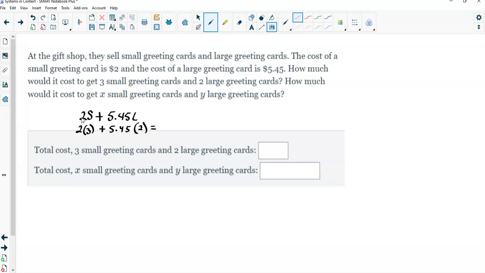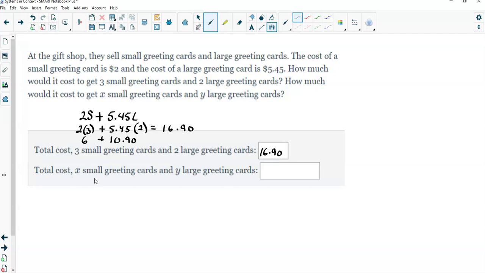So 2 times 3 is 6 plus 5.45 times 2, that is what, 10.90? So $10.90 and $6, that's a total of $16.90. So the cost would be $16.90.